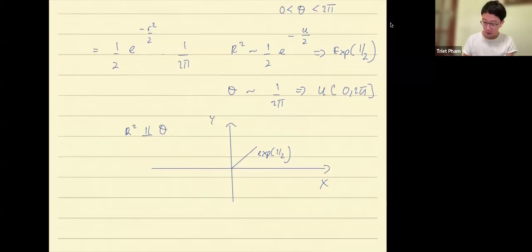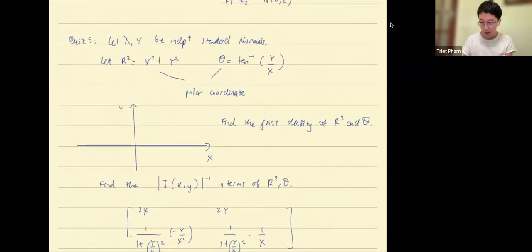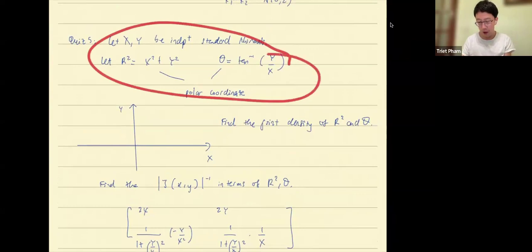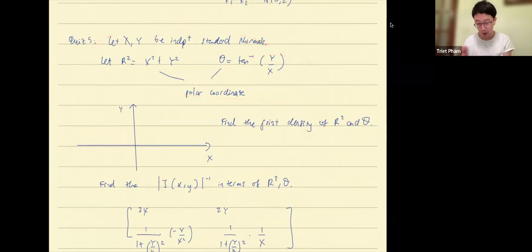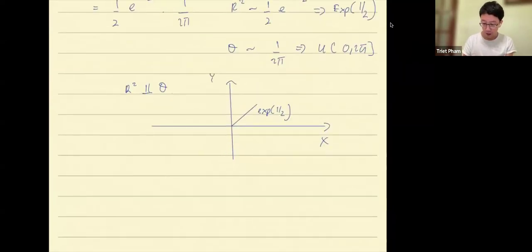All right. So this is not just a mundane result in terms of transformation of polar coordinates, transformation of joint density. What it really means is also about how to simulate normals.